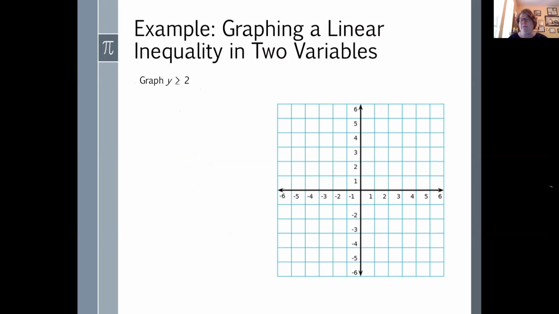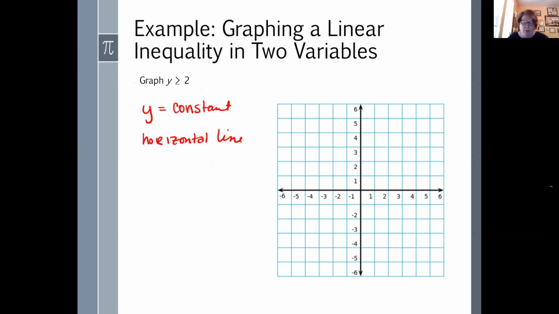All right, what if you have something like this? Y is greater than or equal to 2. When you have a line, y equals a constant, that is a horizontal line. So we're going to draw this line at y equals 2.